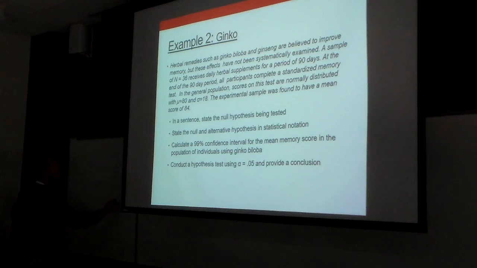What do I get in terms of my confidence interval? Someone crank that out for me. What's my lower bound? 76.3, we'll call it, and what's my upper bound?